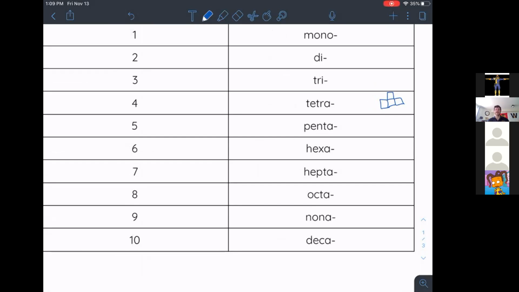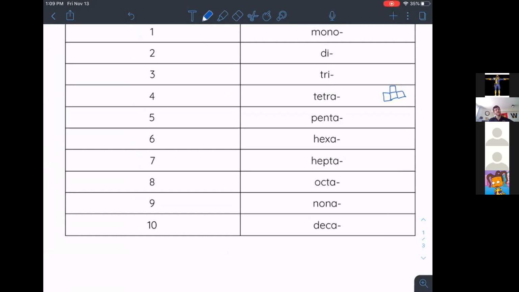And a decagon has 10 sides as a shape. I promise those are real shapes too. I'm not just making things up to get you to remember those names. Or for deca, you could think of the word decade, which is 10 years. So that's another way of trying to remember 10. Again, you don't have to have these memorized, but if they do stick in your memory, it will be easier for you in the future.